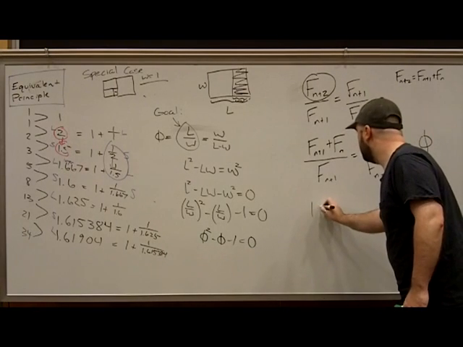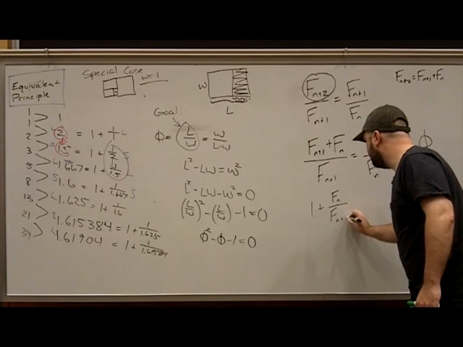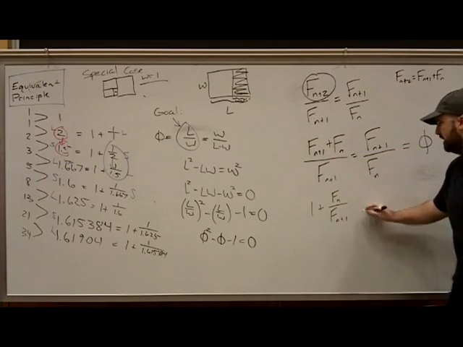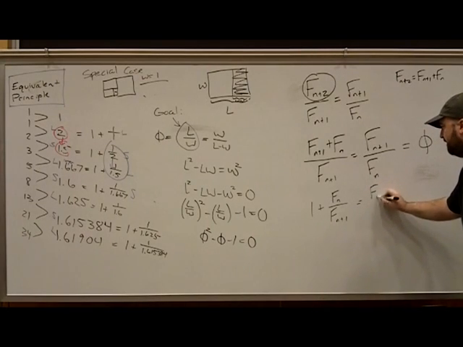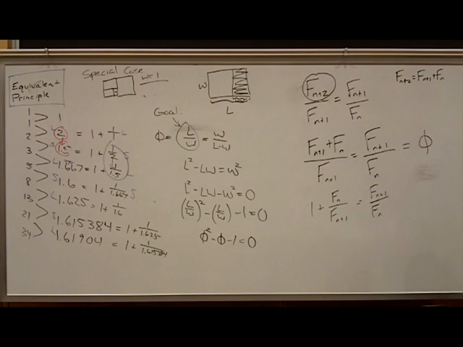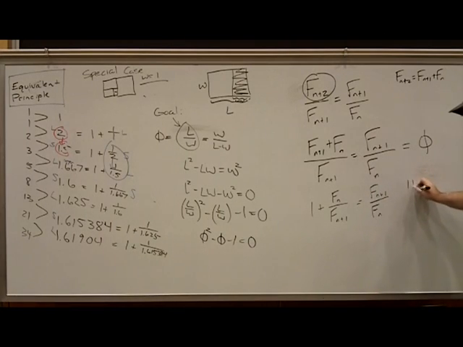And we've got 1 plus fn over fn plus 1 on this side. And on the other side, we've got fn plus 1 over fn. And we can call this right here phi. And so these are reciprocals. So we've got 1 plus 1 over phi equals phi.